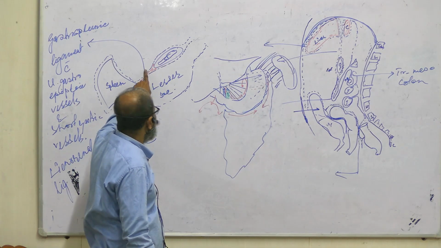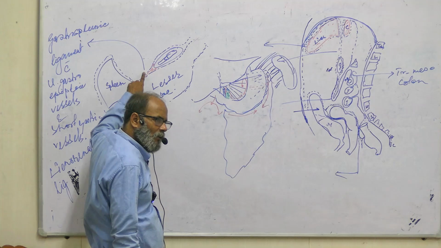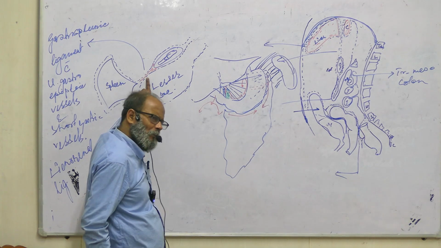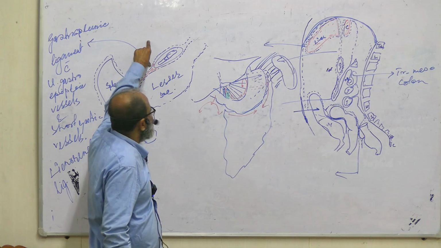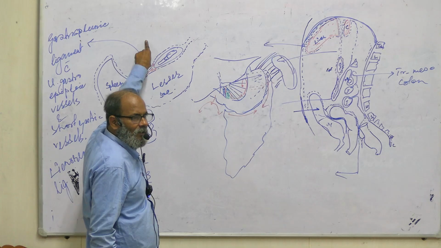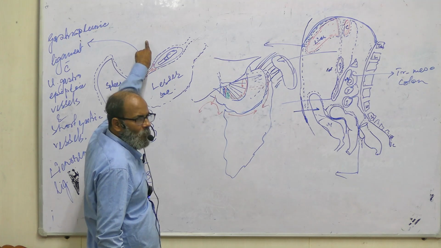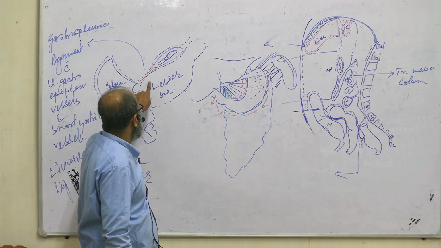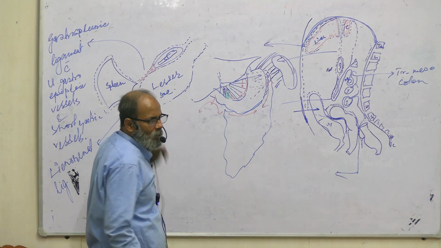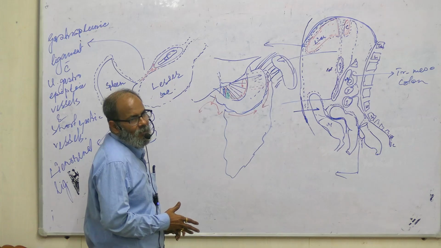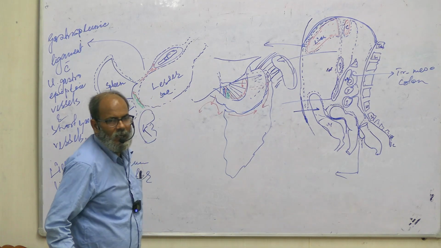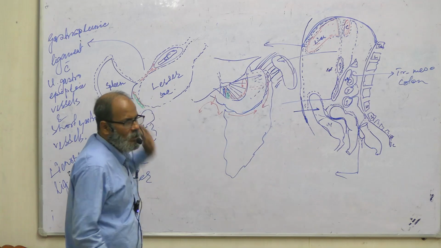So one layer of the gastrosplenic ligament is formed by the peritoneum of the greater sac, and the other layer by the peritoneum of the lesser sac, going to the hilum of the spleen and containing the left gastroepiploic vessels and the short gastric arteries.